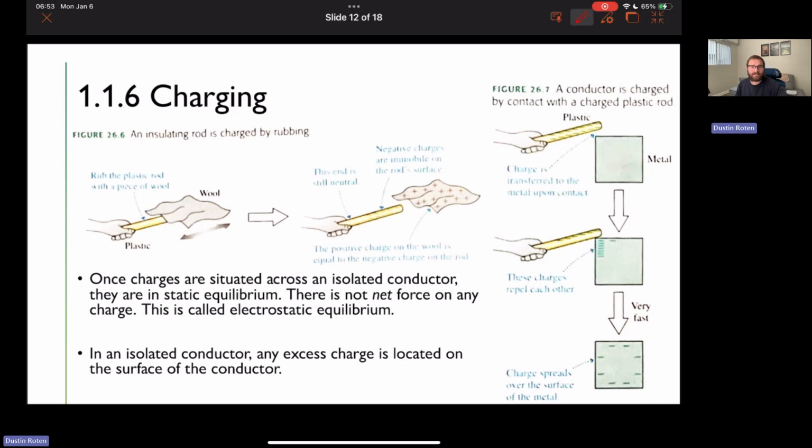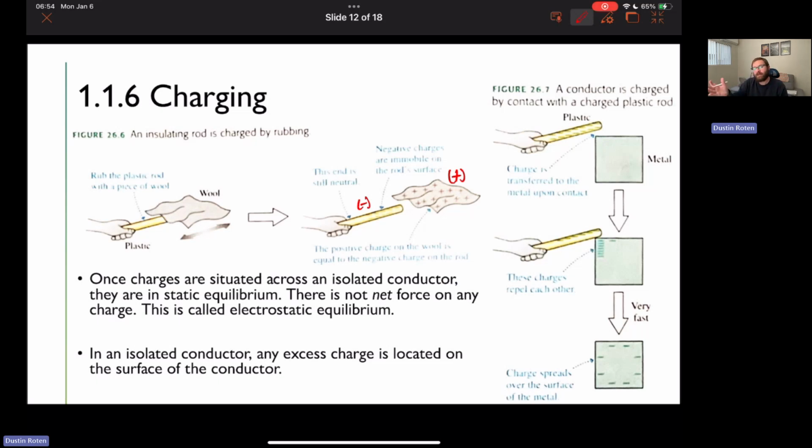All right, let's discuss charging. How do we actually get these electrons on here? So obviously we can take plastic and wool and rub it, like here in this picture. You can see that electrons are going to move from the wool to the plastic, because the wool winds up being positively charged and the rod winds up being negatively charged.